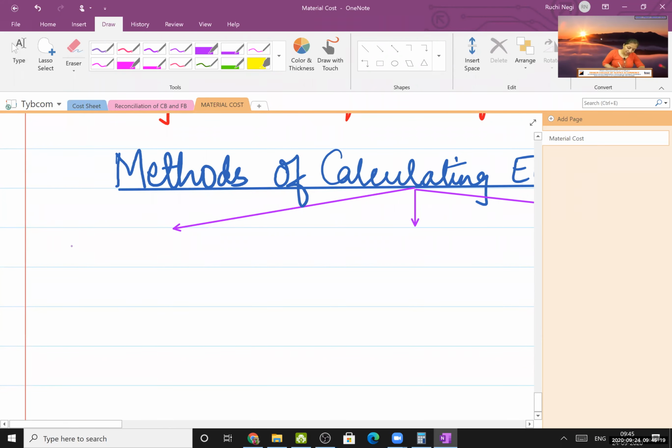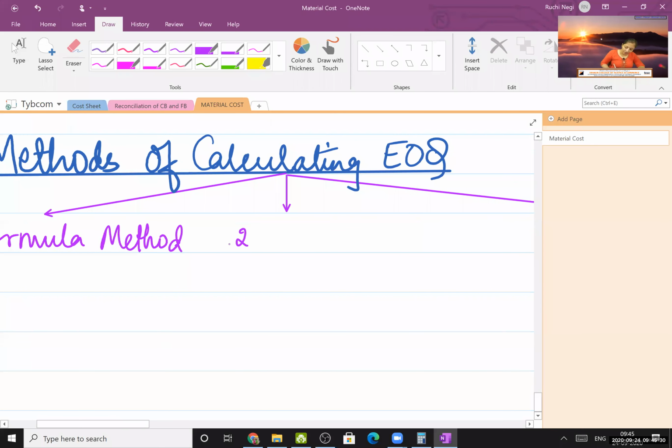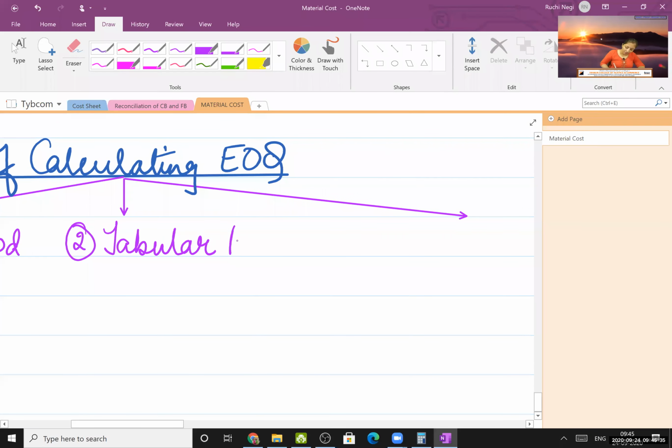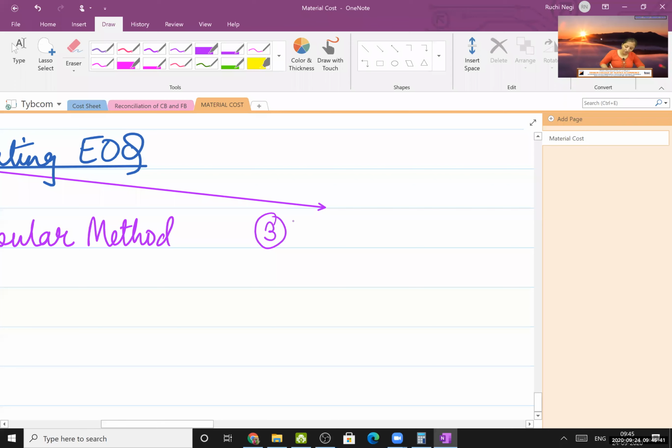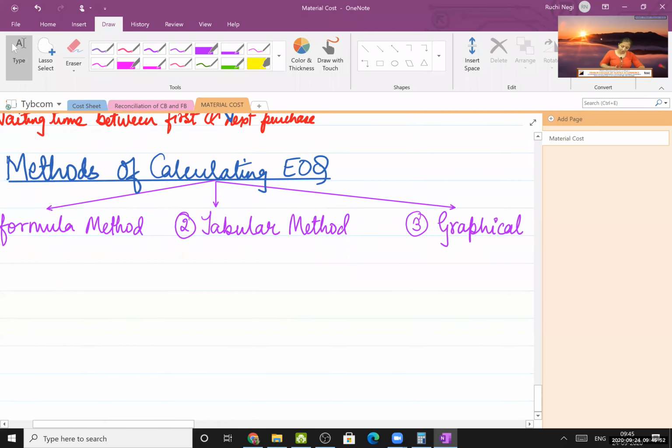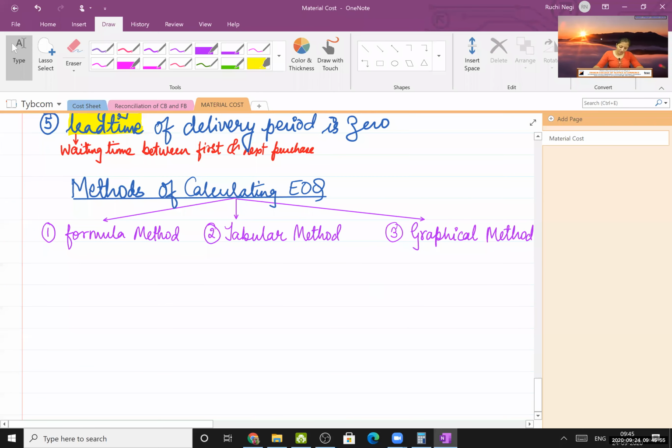The first method of calculating EOQ is the formula method. Okay. Second method is the tabular method. And third method is the graphical method. Out of which formula and tabular method is there in your syllabus. Graphical method is not there in your syllabus.